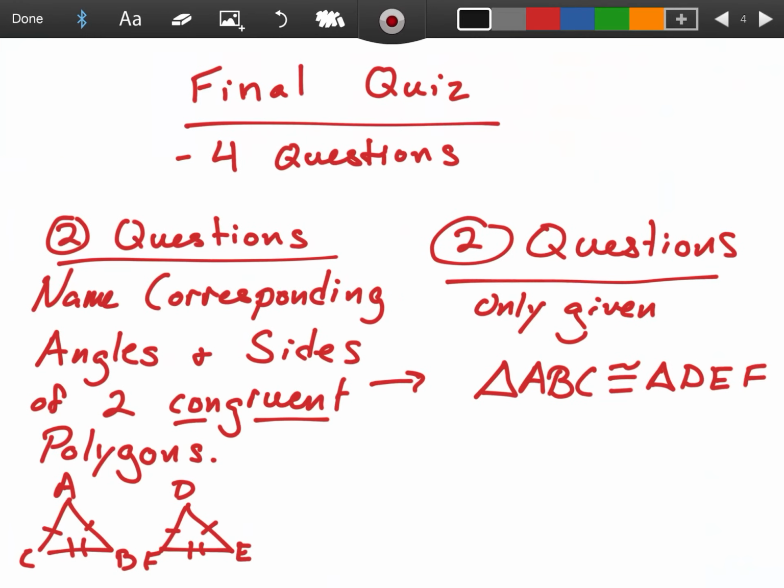So, final quiz: again, 4 questions total. 2 questions where you name the corresponding angles and sides of 2 congruent polygons. And then lastly, you're only given the abbreviation and you have to figure out corresponding missing sides and missing angles.